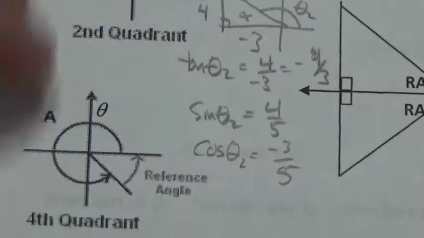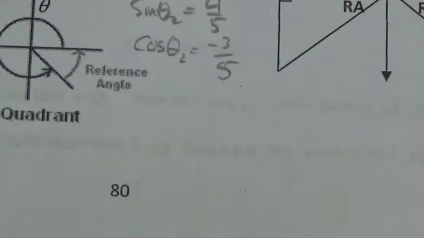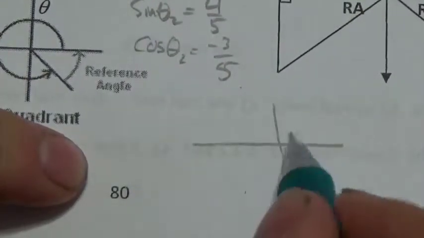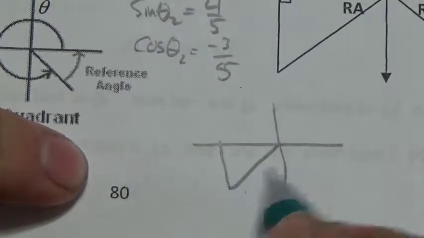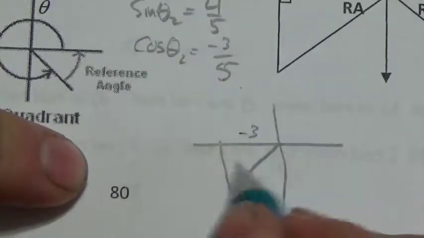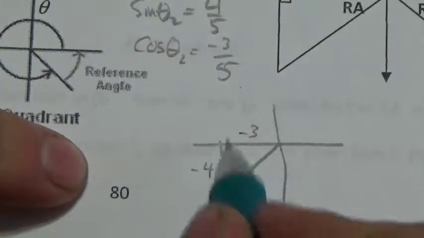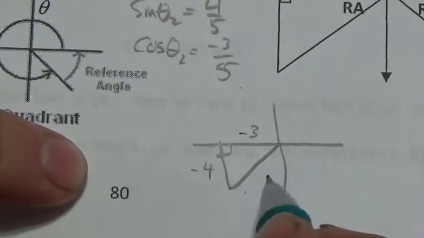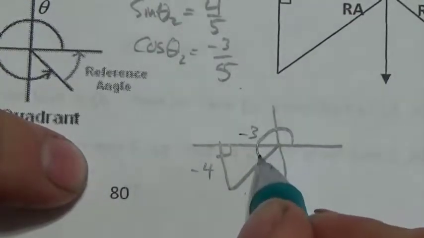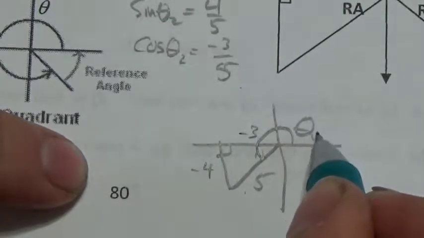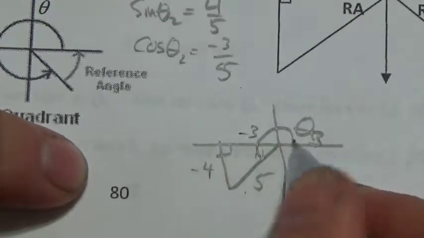Okay? Now, if I take that exact same triangle and drop it into the third quadrant, watch what happens. This is still -3, but now the y length, the vertical length here, becomes -4. The hypotenuse stays 5. This is the angle that we're studying, this is my theta 3, if you will.